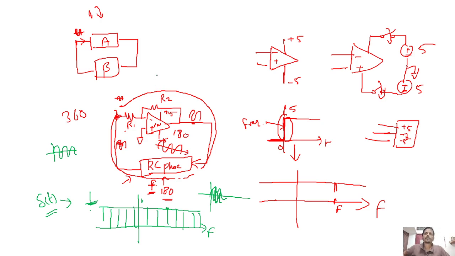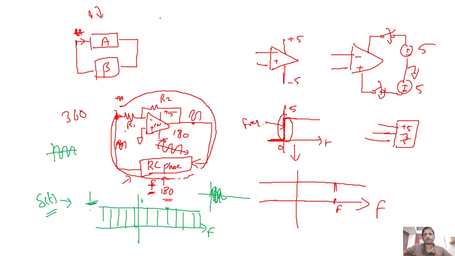But the question is, in the Barkhausen criterion, the characteristic equation is 1 minus loop gain equal to 0, for a certain frequency. That means it is defined only for positive feedback systems.